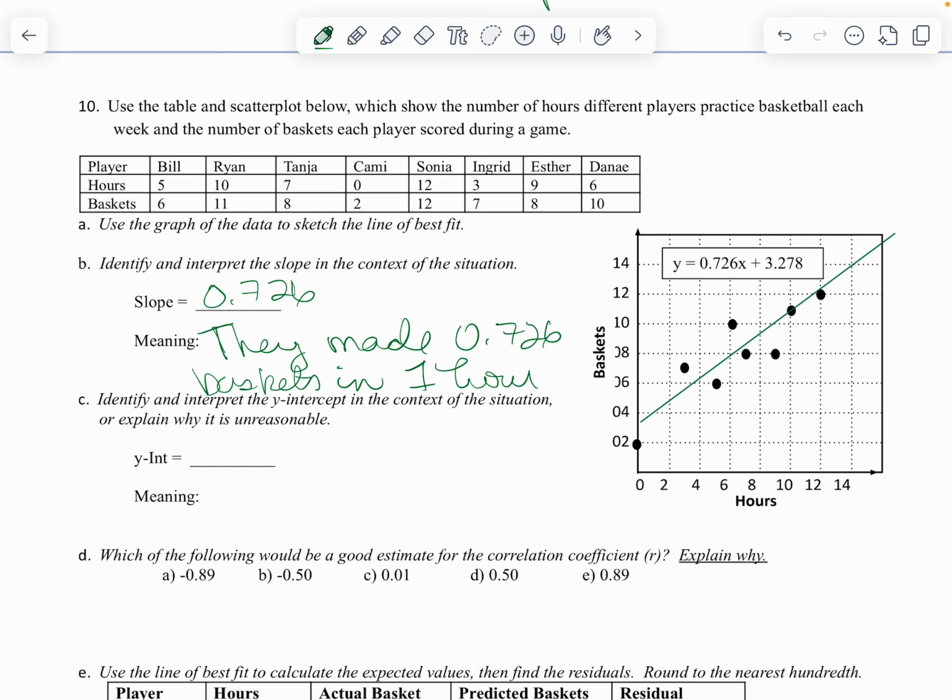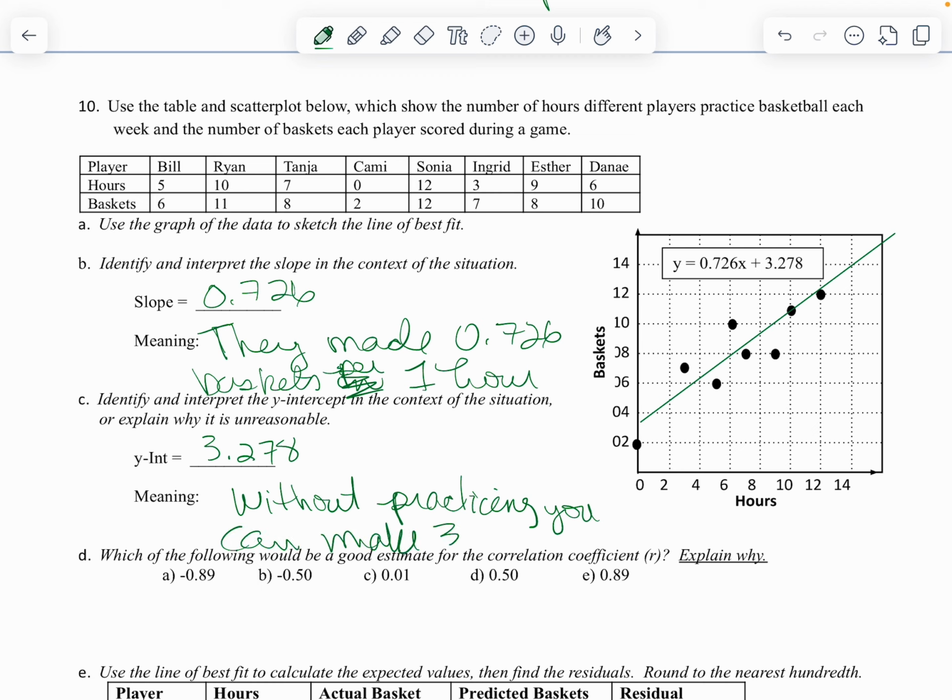Identify the y-intercept: 3.278. That means, without practicing, you can make 3.278 baskets.